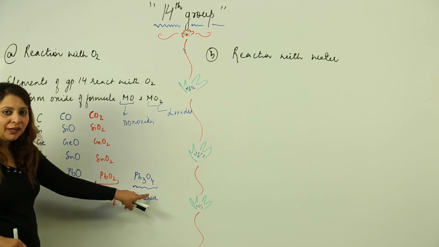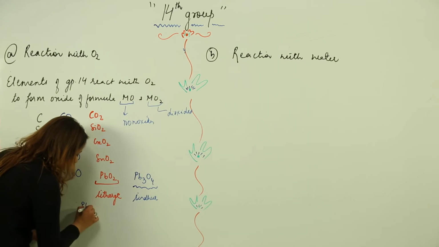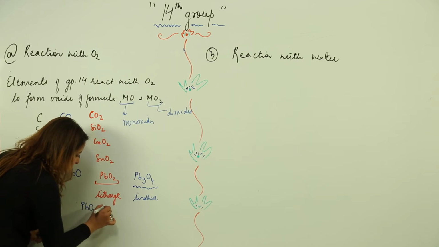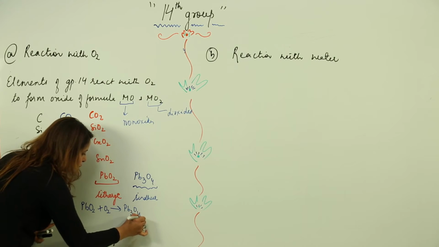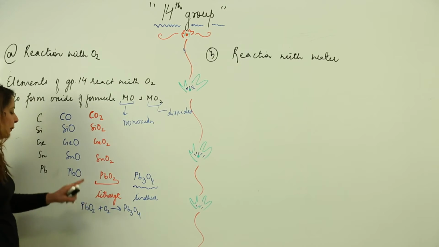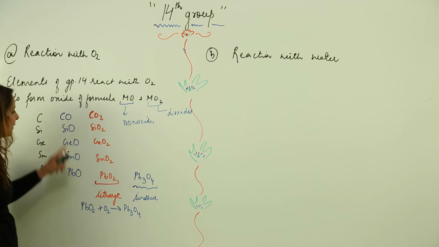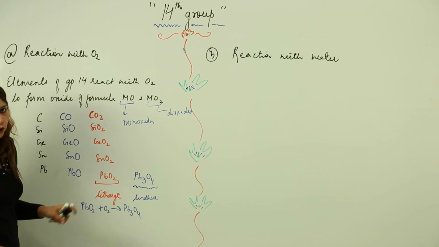And how do we get it? When we have litharge and add oxygen to it, it becomes Pb3O4.